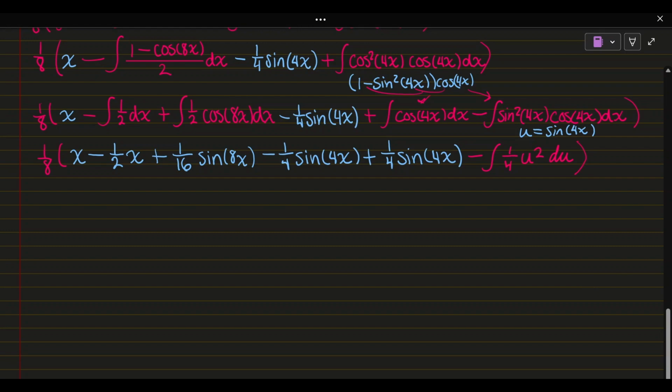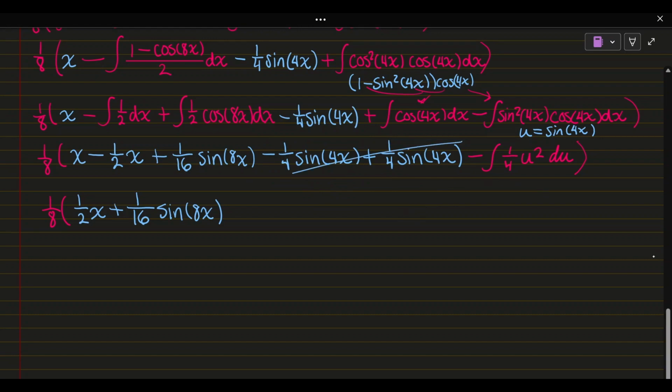Okay, almost done. So now I have 1/8, and I'll start combining like terms here. This is going to be 1/2 x plus 1/16 sine of 8x. These two terms here will cancel because I have a negative 1/4 sine 4x and a positive 1/4 sine 4x, so these guys will cancel.